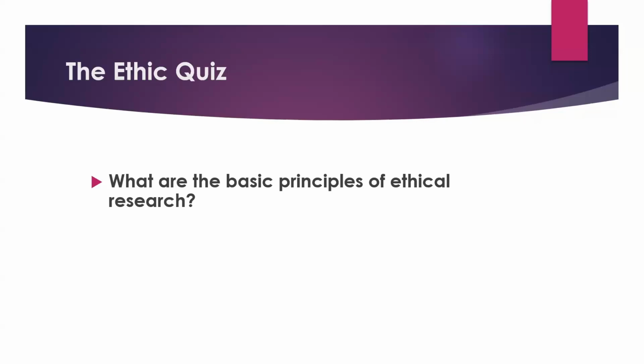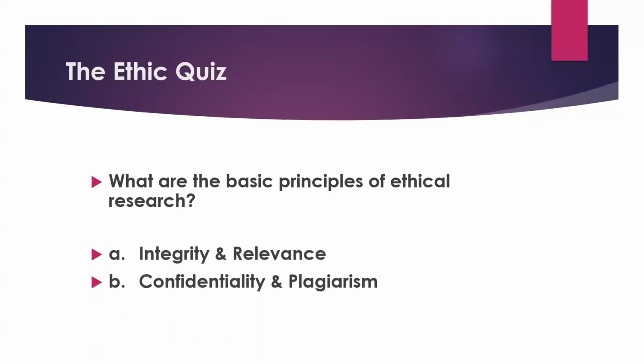What are the basic principles of ethical research? Is it A, integrity and relevance, B, confidentiality and plagiarism, or C, benefit and cost? And the answer is A, integrity and relevance.